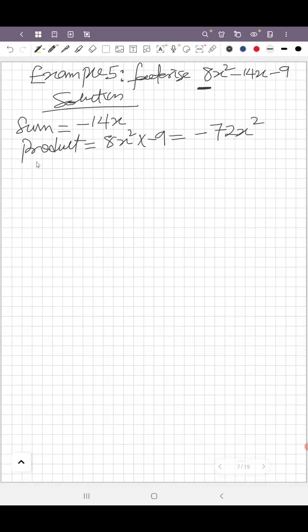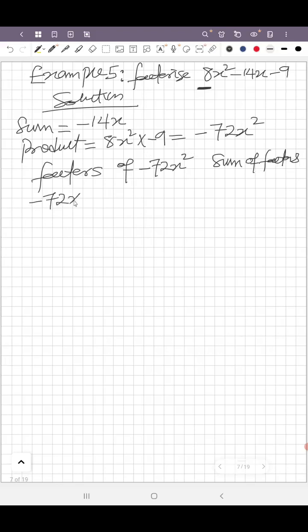So if it is minus 72x squared, let's try to find factors of minus 72x squared and the sum of factors.